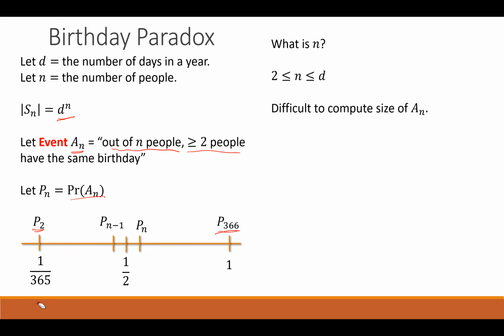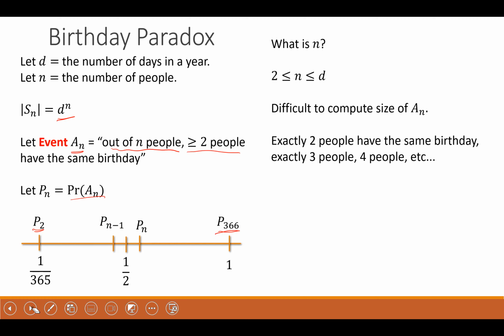If we have 4, 5, 6, 7, then we have a lot of cases. So again, we're going to use the complement rule. The complement of at least 2 people having the same birthday is that nobody has the same birthday, which seems like it might be easier to compute. So that is going to be the approach.